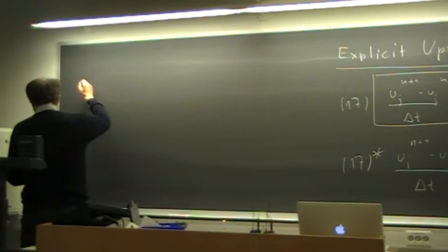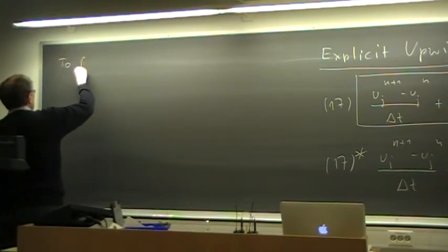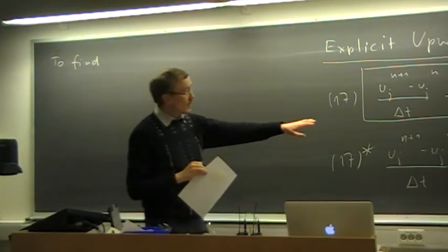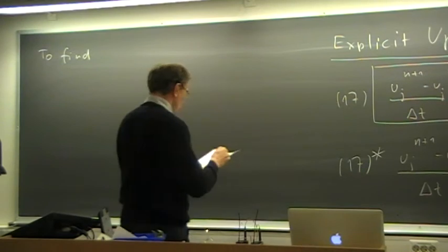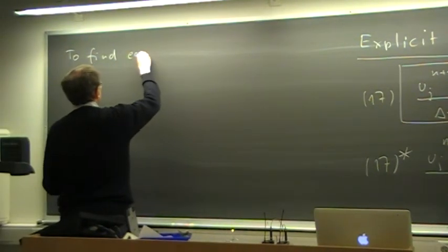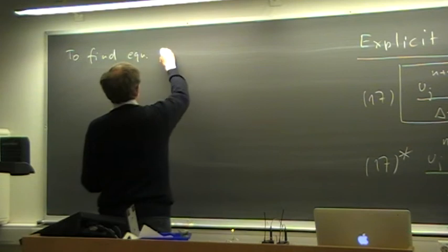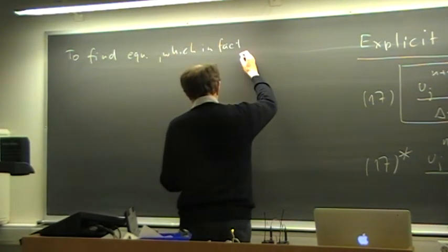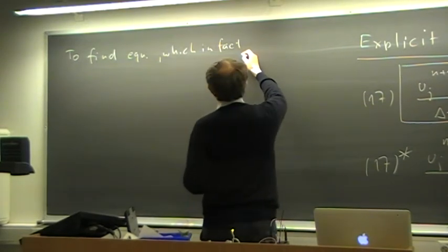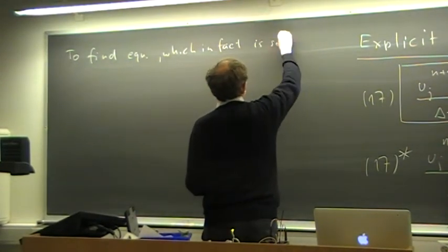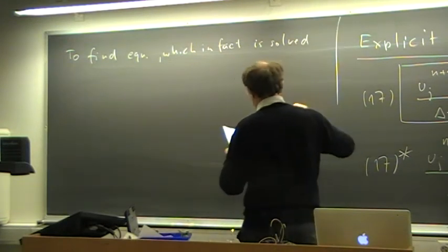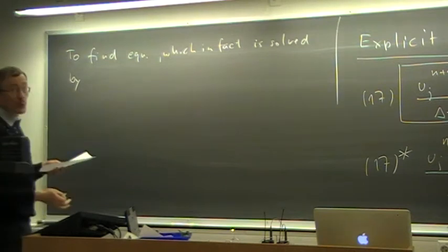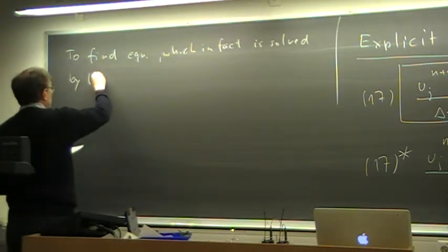What we want to do is find the equation that we are really solving when we are using this method, the equation which in fact is solved by the first order explicit Upwind method.